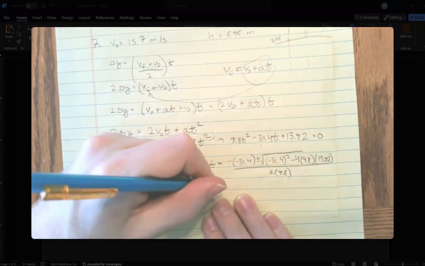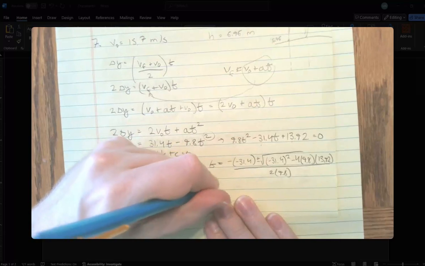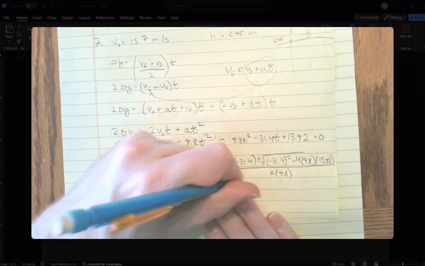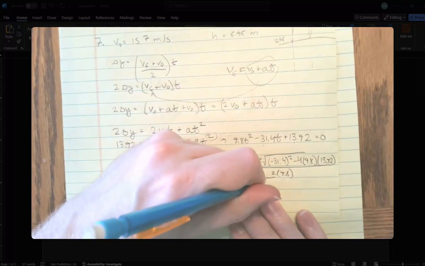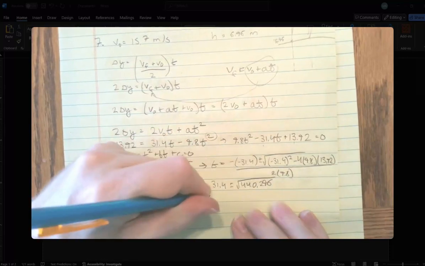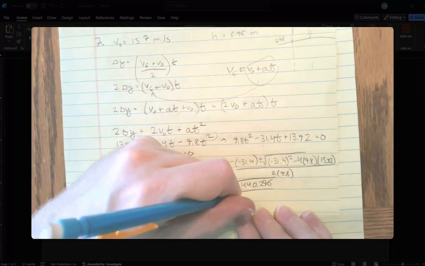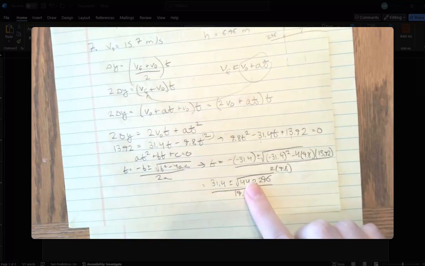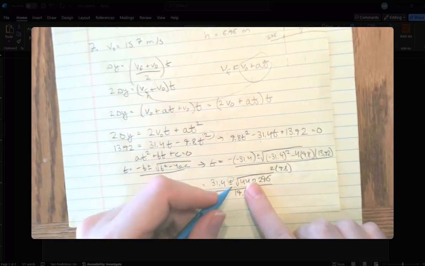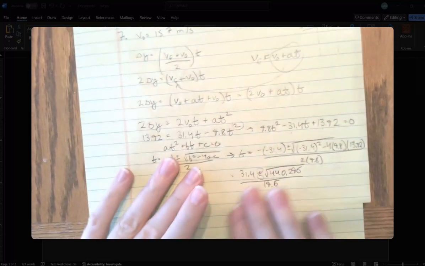Simplifying things, I end up with 31.4 plus or minus the square root of 440.296 over 19.6. In this case, I'm going to get two answers, one when I add the square root and one when I subtract the square root.